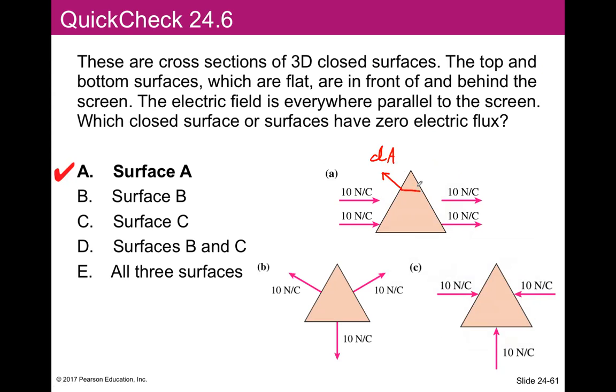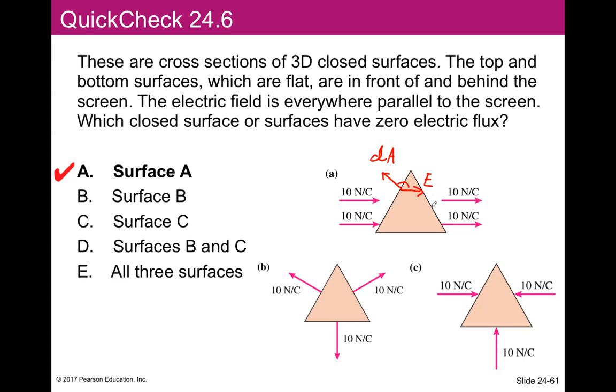This is the direction of E. So that's theta. It's greater than 90 degrees. So is cosine theta positive or negative? It's negative. When theta is between 90 and 180 degrees, cosine theta becomes negative.